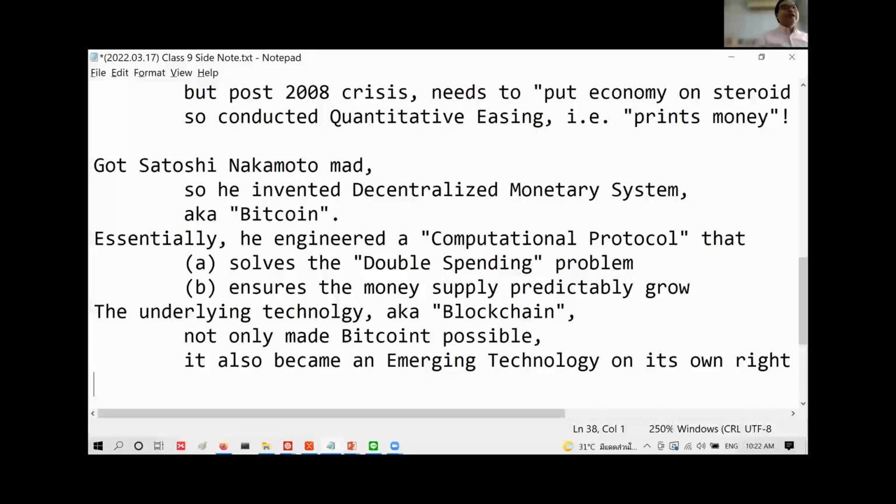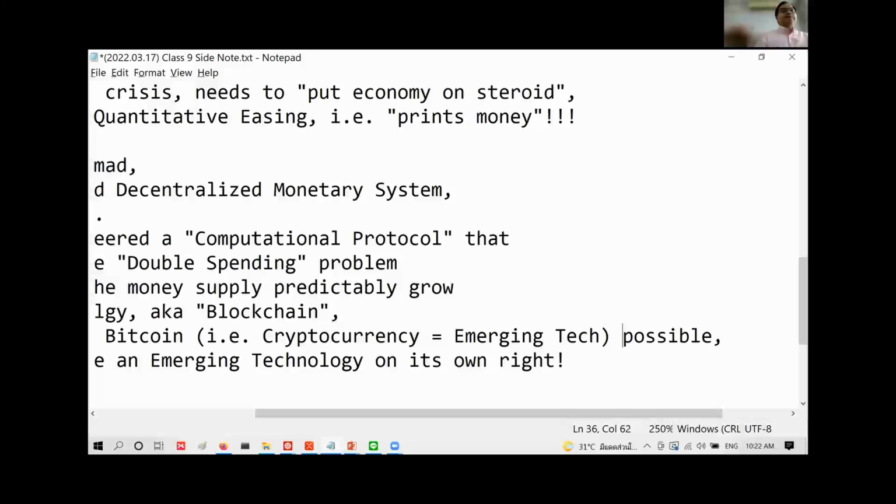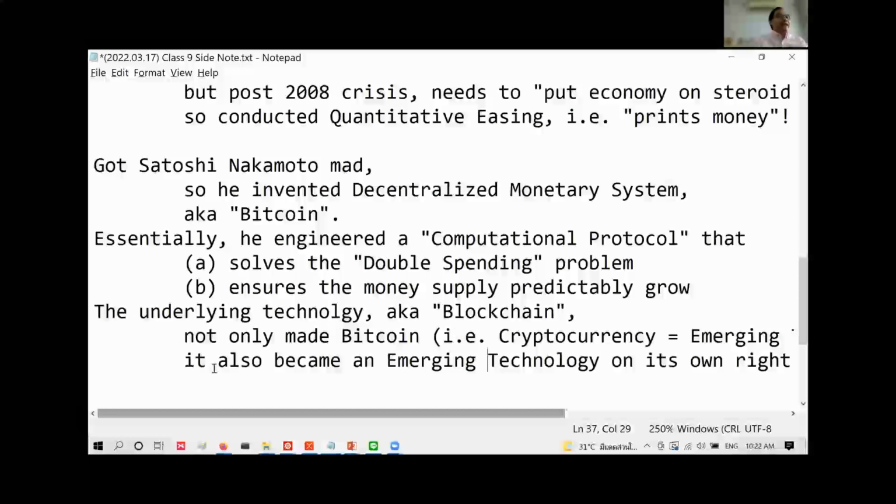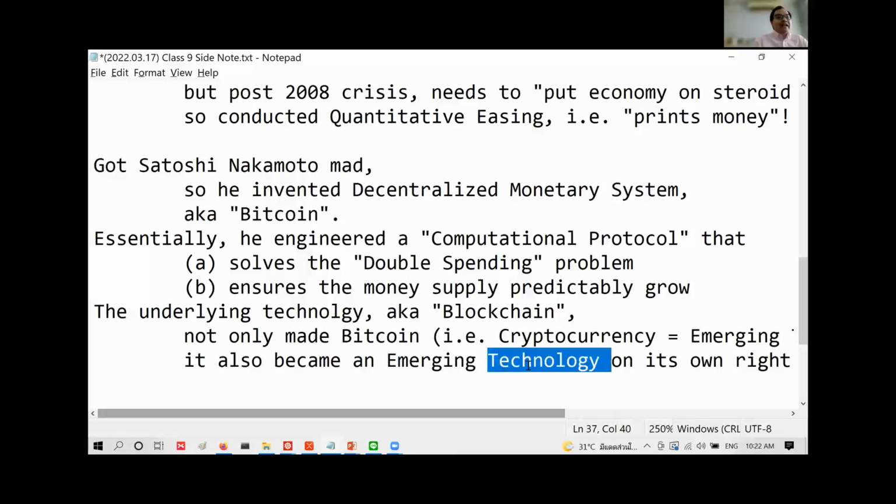So you can think of Bitcoin, i.e. cryptocurrency, as an emerging technology, but you get a double whammy. Blockchain is an emerging tech in its own right.